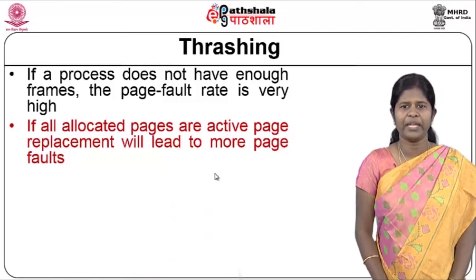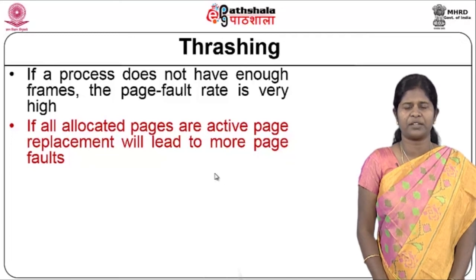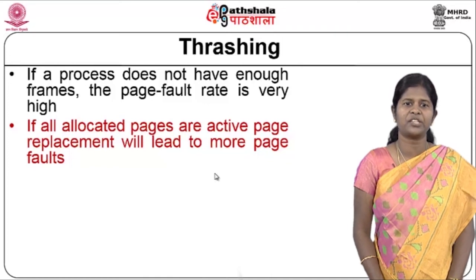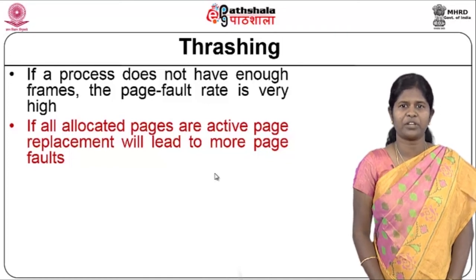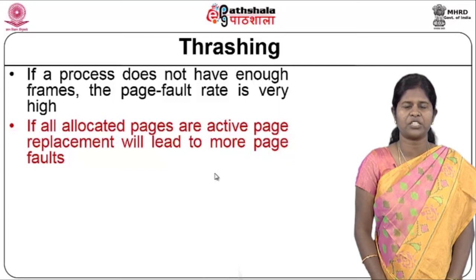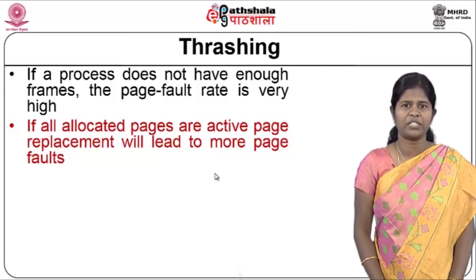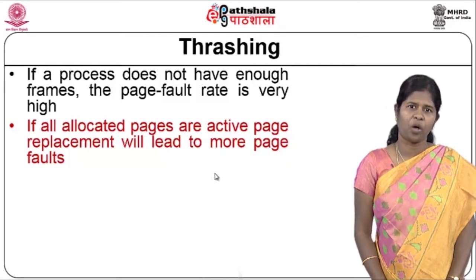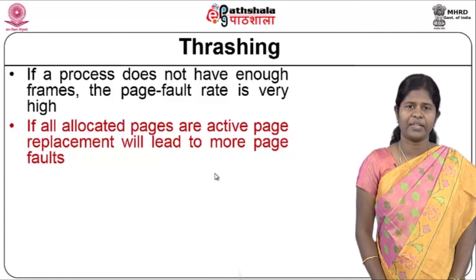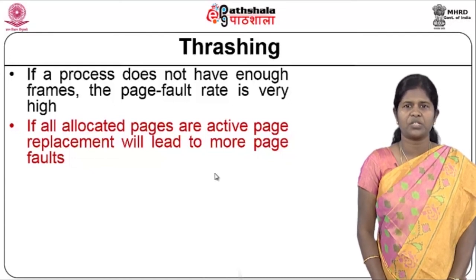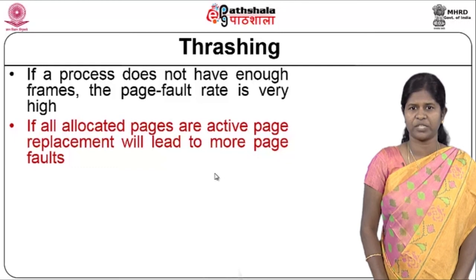And if all the allocated pages are active, then page replacement will lead to more page faults. Suppose you are using local page replacement, and 5 pages are allocated to this process and all the 5 pages are active and there is a need for the 6th page. So, you try to bring in the 6th page into the physical memory.